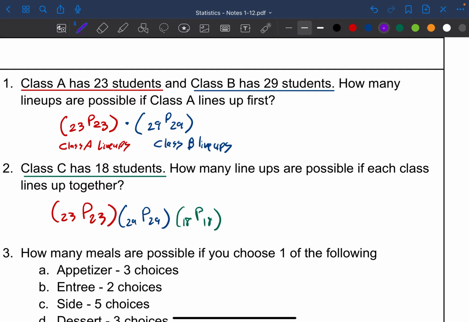But now the classes can be in any order. So that means we have to include, well, how many ways can the classes themselves line up? Well, there are 3 classes, and they're all lining up together. So that means it's 3P3, 3 different classes, and we're lining all of them up.